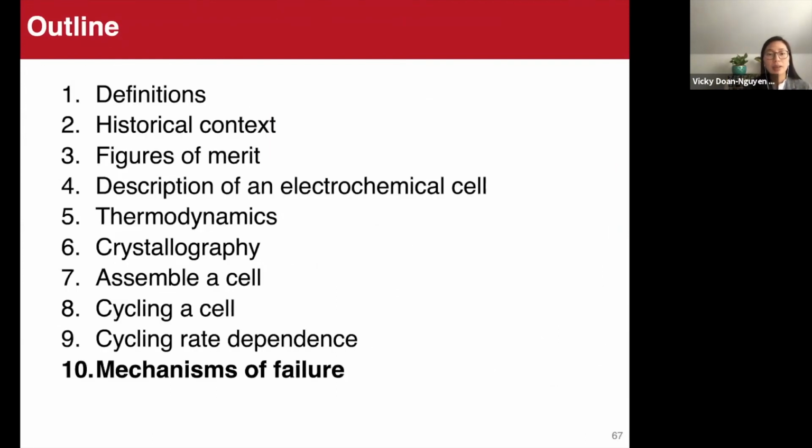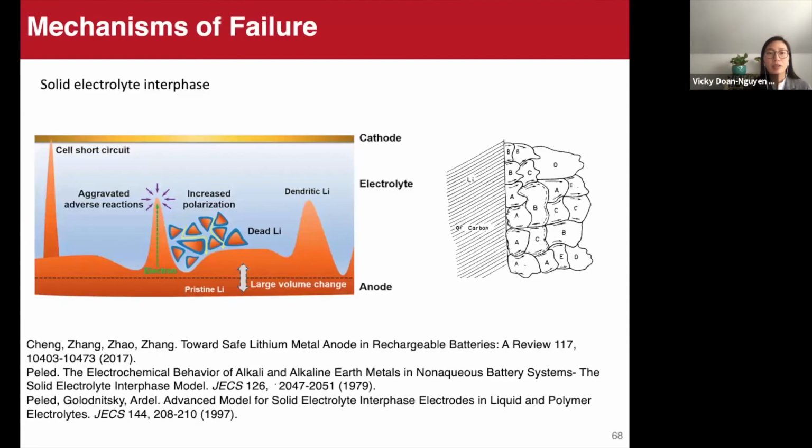Section 10, mechanisms of failure. So I mentioned a few mechanisms of failure in a battery, overcharging, going outside of the optimal voltage window, and so on and so forth. But one of the important mechanisms of failure, if not controlled, could be the solid electrolyte interface formation. So that's the formation between the electrode and the electrolyte. So far, I haven't gone into great detail as to what the electrolyte actually is.